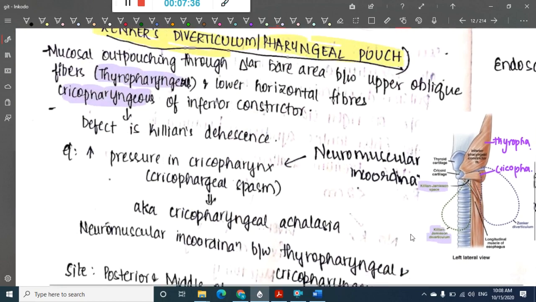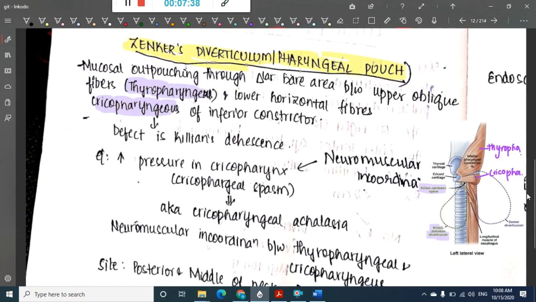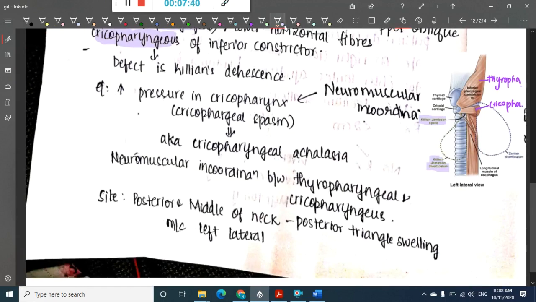Anyways, next, the pressure in the cricopharynx increases whenever there is neuromuscular incoordination. Whenever this diverticulum is formed, this will lead to neuromuscular incoordination. This will lead to increased pressure in the cricopharynx, leading to cricopharyngeal spasm.